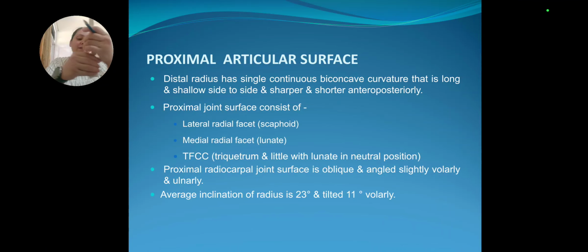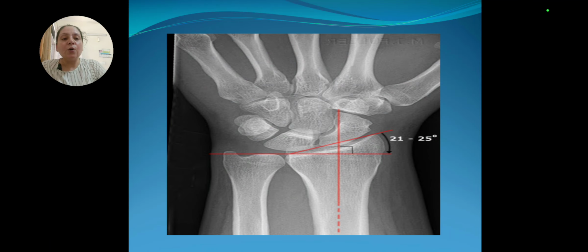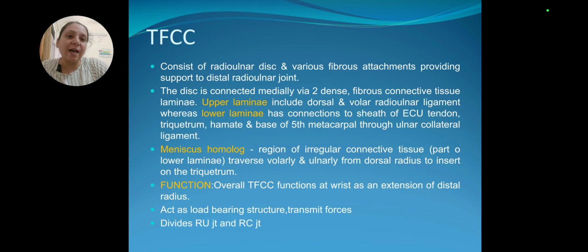In the alignment form, it is scooped out for 11 degrees volarly. So this is the proximal articular surface. Now I want to show this angle. Can you see? This 21 degree angle is basically the radial side, which is 23 degrees facing towards the ulnar side. That is the angle at which it is happening.